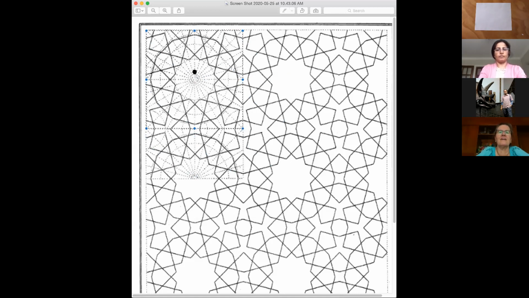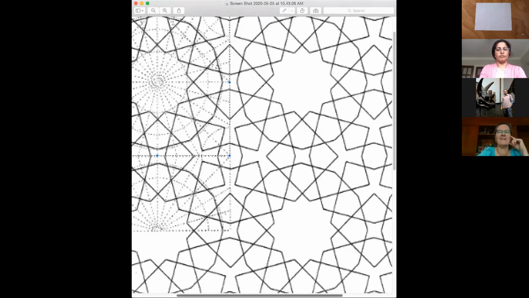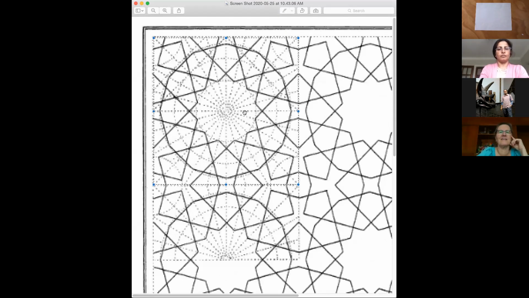So let's analyze it a little bit. We're going to need a 12-fold division at the center, evident by the number of petals it has. And further analysis on it, we're lucky enough to have several construction lines there for us. So we have that line at the diagonal. It goes from the midpoint of the edge all the way down to the other midpoint of the edge.